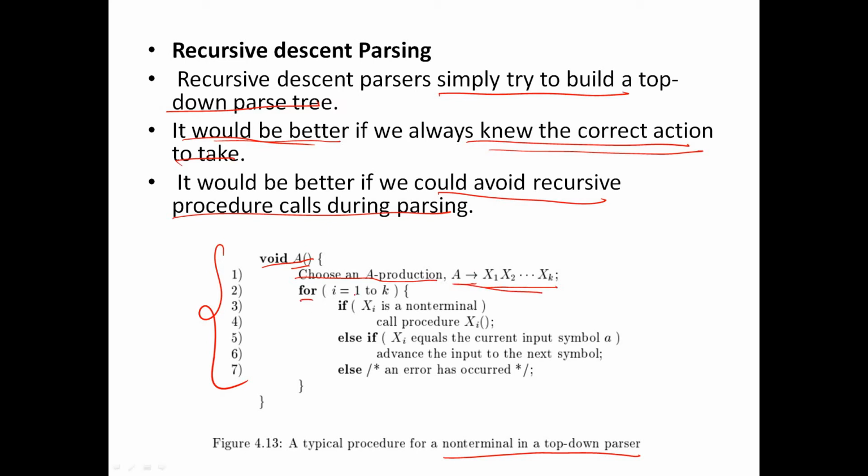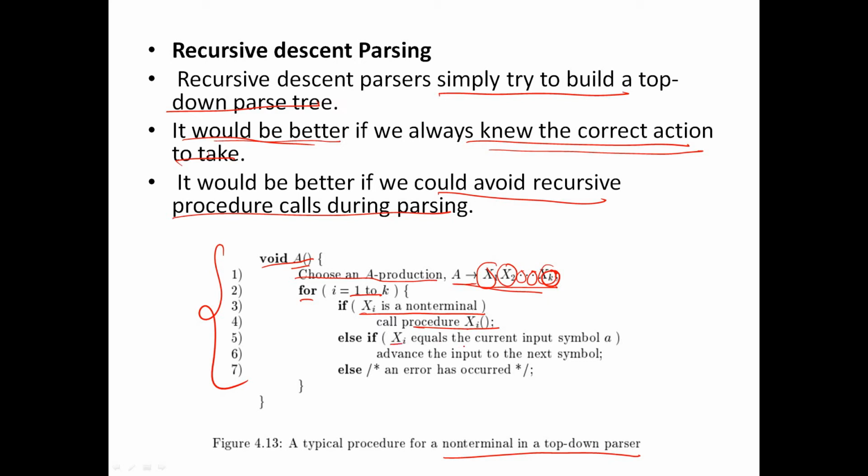And then for i equal to 1 to k, here we have up to k. So for i equal to 1 to k, if xi is a non-terminal, whatever I choose, x1 or x2 or x3 or x4 up to xk, if it is a non-terminal, then I am going to call the procedure xi.